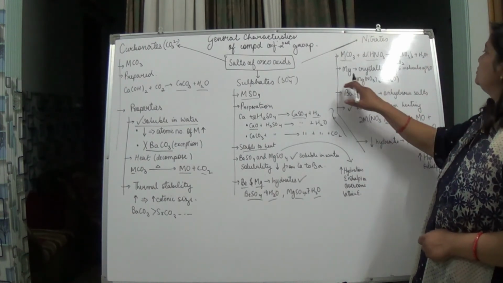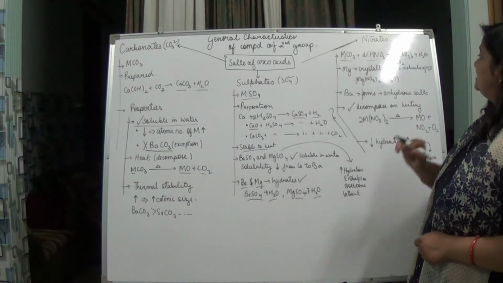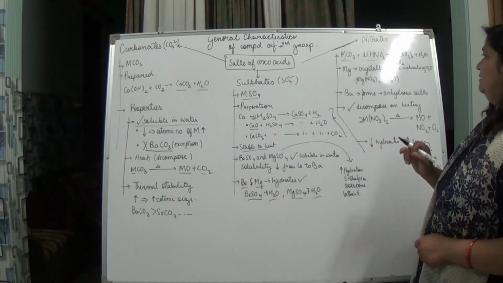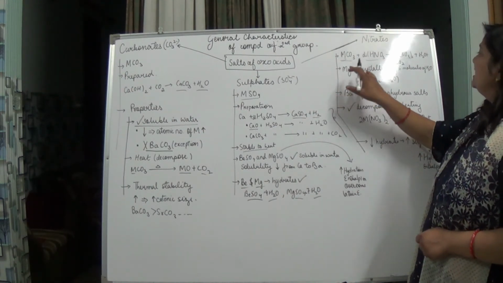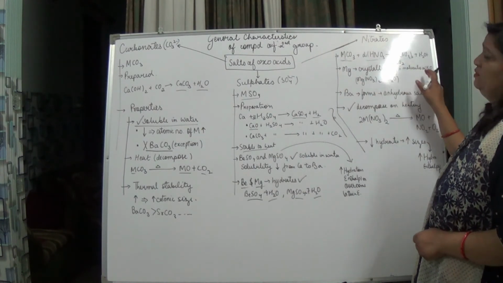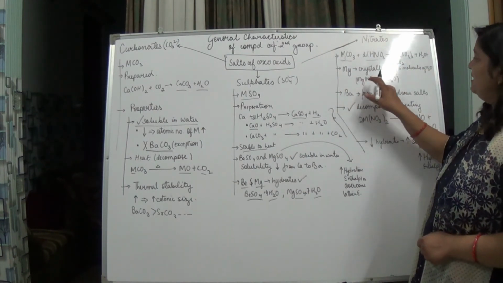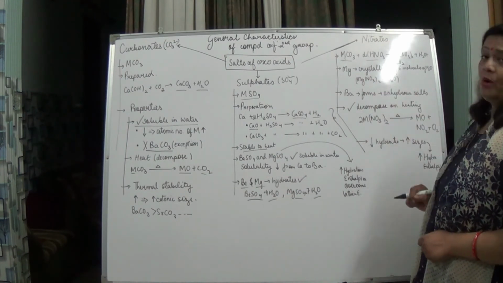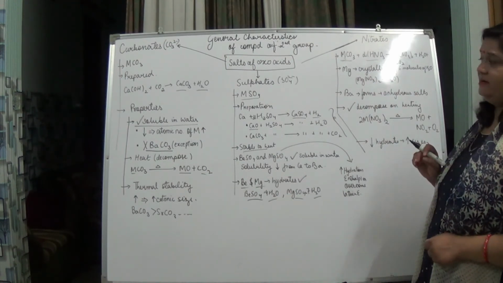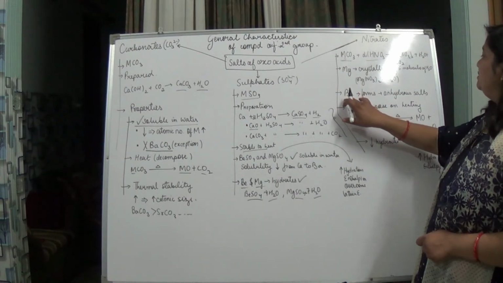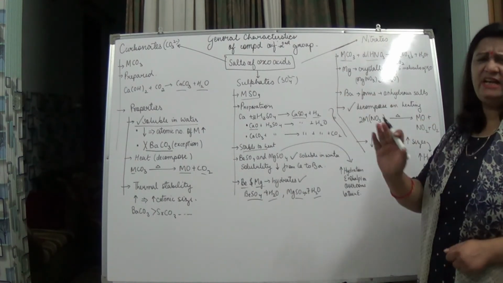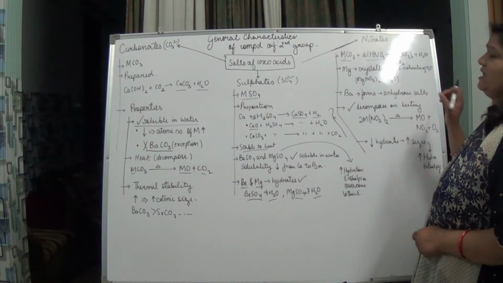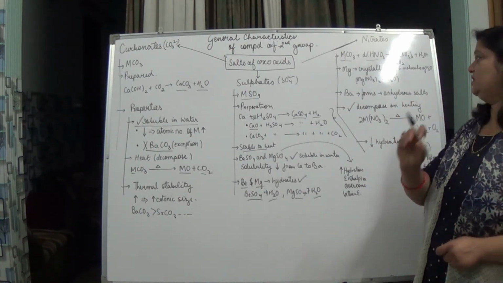Magnesium nitrate crystallizes with 6 molecules of water, and thus forms the hydrate form. Barium nitrate doesn't combine with water; it forms completely anhydrous salts.